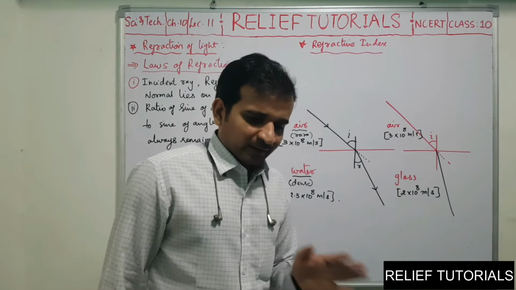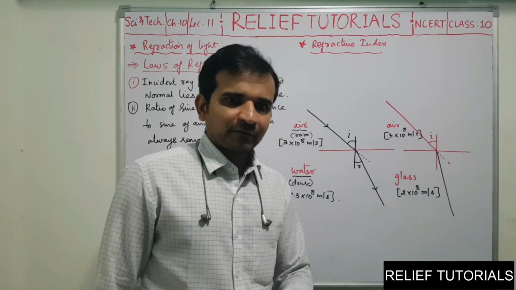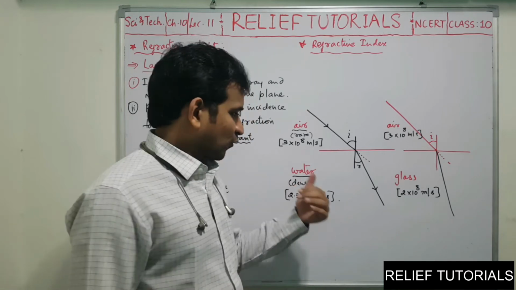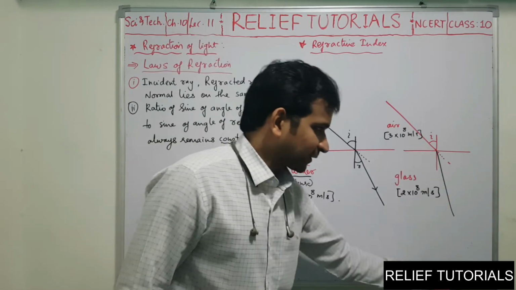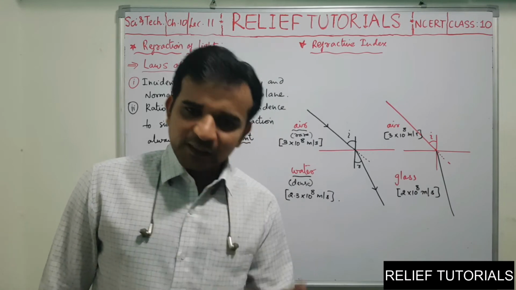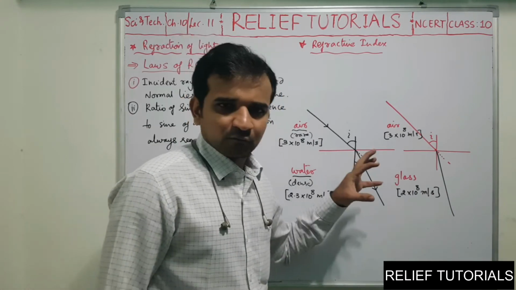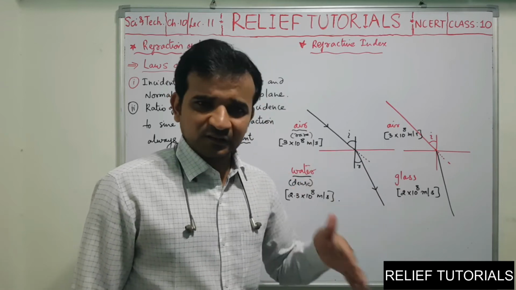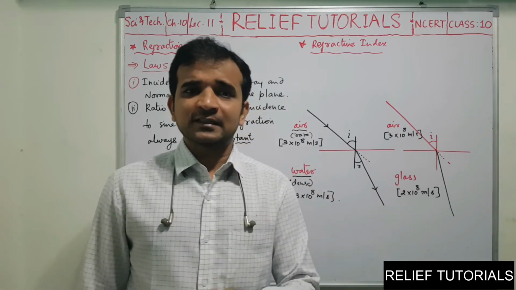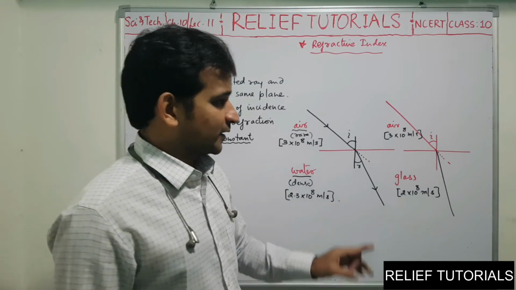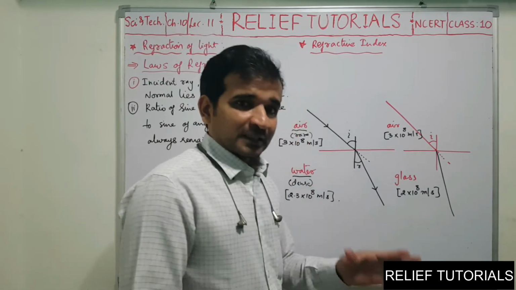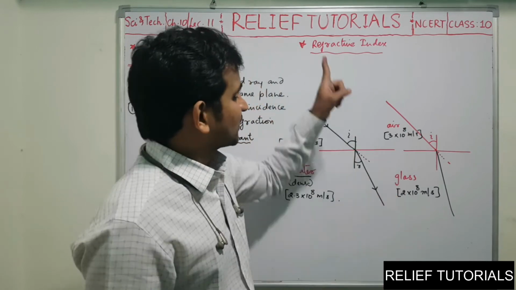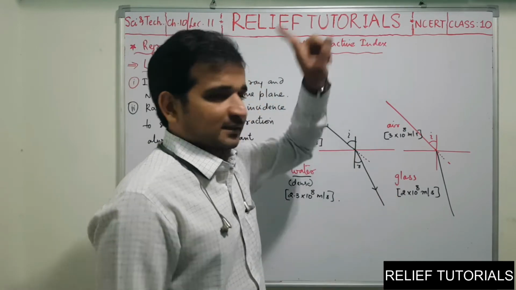Like water is refracting the ray here, glass is refracting the ray here, and in this way diamond, glycerin, kerosene, petrol, all the transparent media have their own capacity to deviate the ray, and this capacity is expressed in terms of refractive index.